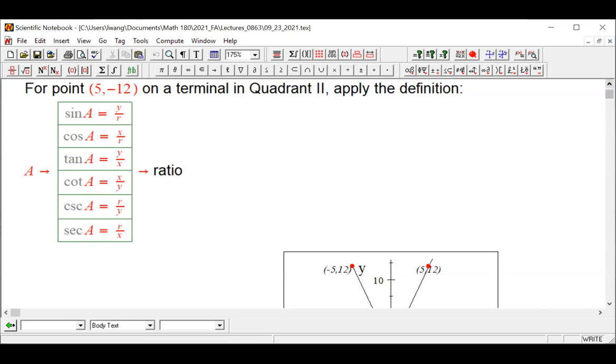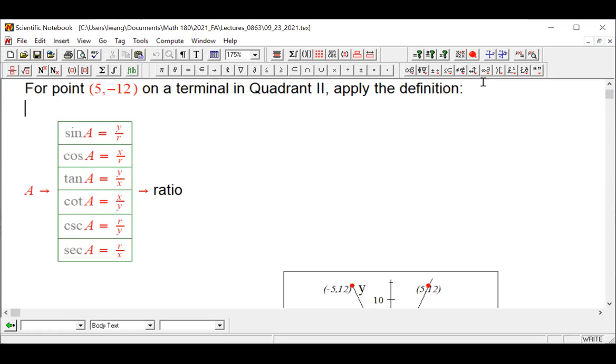Or could I leave it for you? The last one. Let's do it quickly, shall we? So what is the x value? X is 5. Y is what? -12.